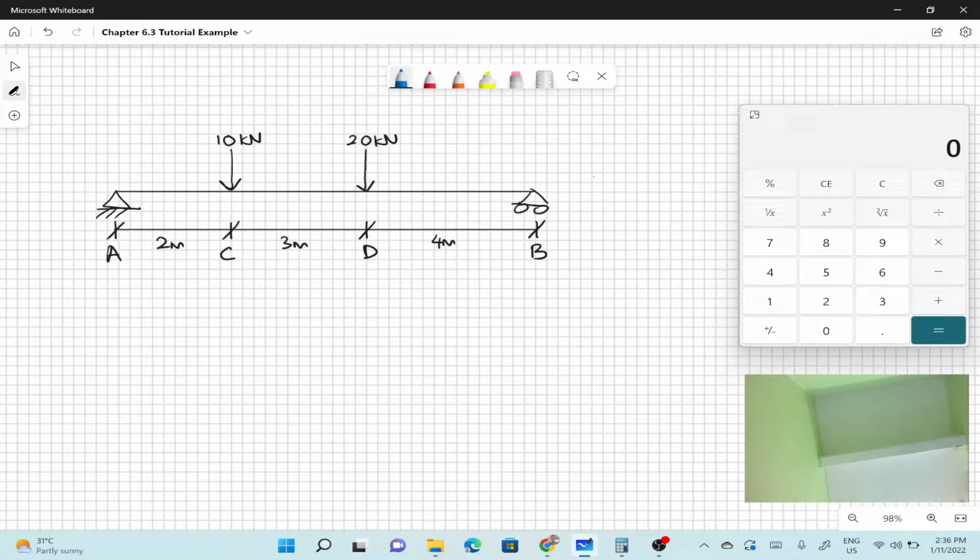So in this video, I'm going to discuss an example of a simple question for analysis, a simply supported beam, where I'm going to list out what you are expected to do from this kind of question. Number one, you want to be able to calculate the support reaction.